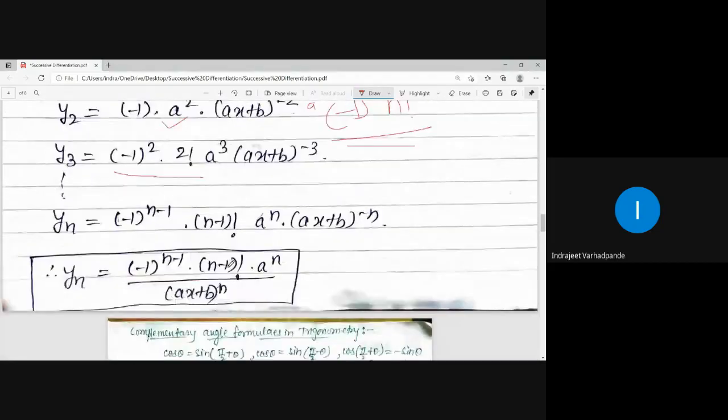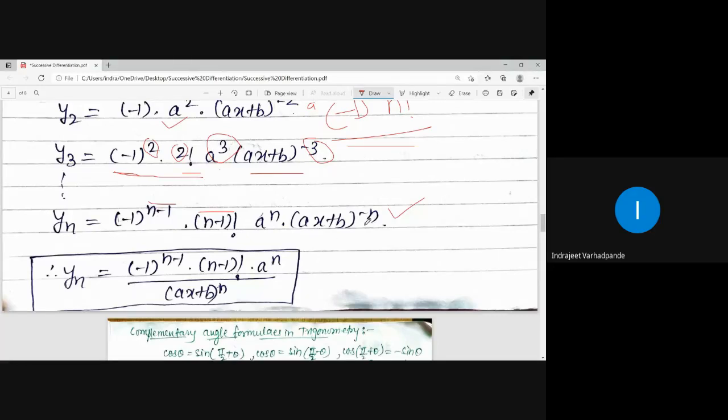So how it will be given by minus 1 square into 2 factorial into a cube into ax plus b to the power minus 3. So whenever it is y3, here it is square, here it is 2. So n minus 1 will be there everywhere. Here it is 3, here it is 3. So everywhere it will be n. This is what by observation we have to generalize the statement.